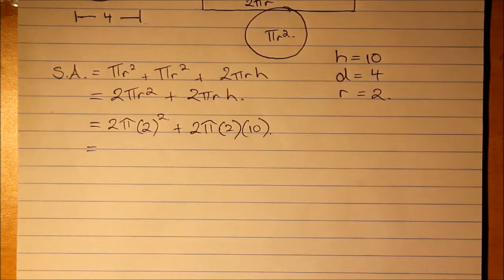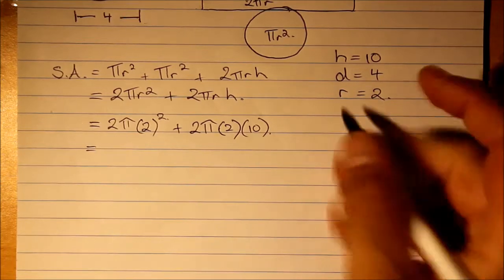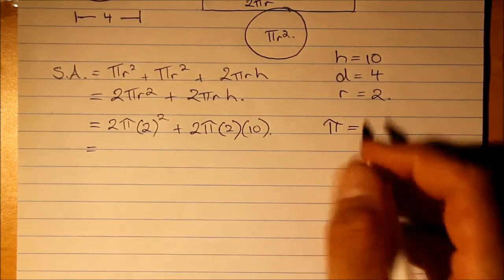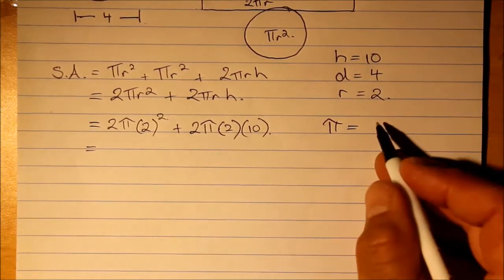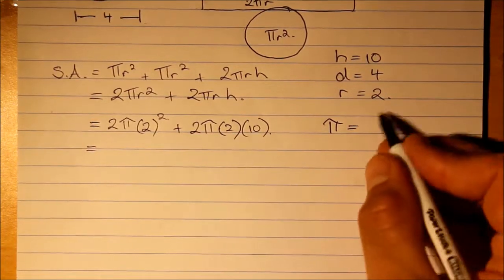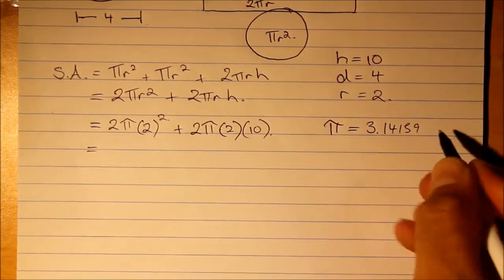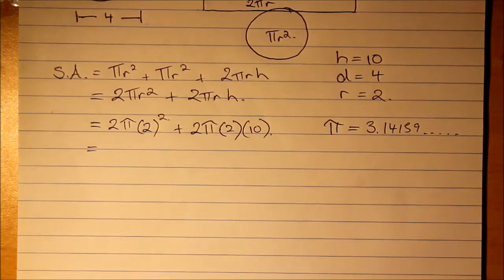Now, you may get some questions that ask you for an exact answer. What's that mean? Well, if we have a look at what pi is, pi is how many times the diameter fits into the circumference, and it's an irrational number, so it's 3.14159, that keeps going, never repeating.